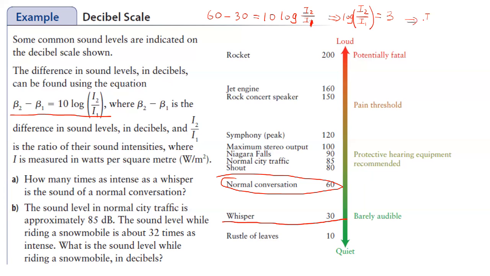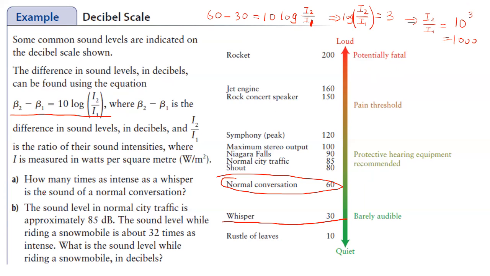So that means I2 over I1 is 10 raised to the power of 3, right? Which is 1000. So the ratio of the intensity is 1000.